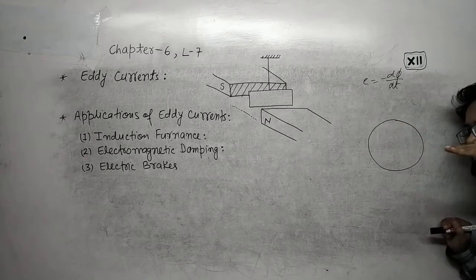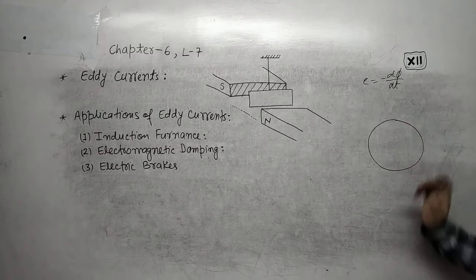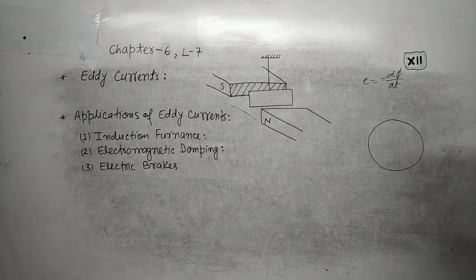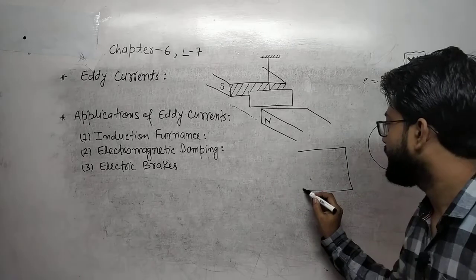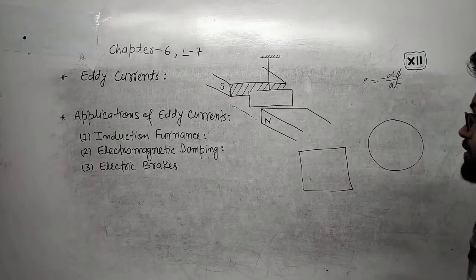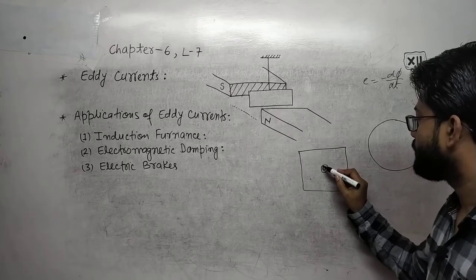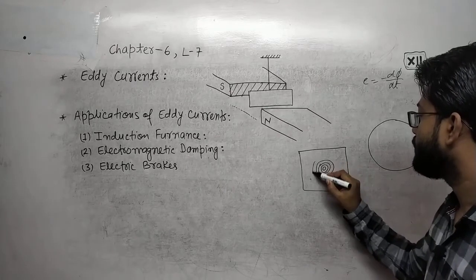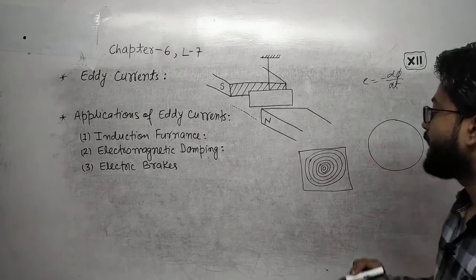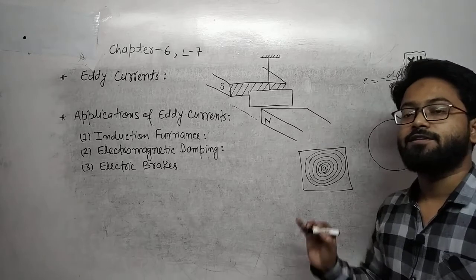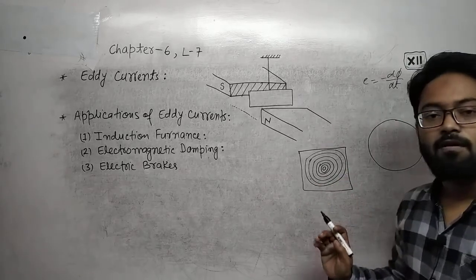If it is a metallic coil and we have a magnet, meaning a varying magnetic field, that means current will be set up in the coil. Same as this: let us suppose this is a metallic plate, and it can be assumed that it is made up of an infinite number of coils of metal.